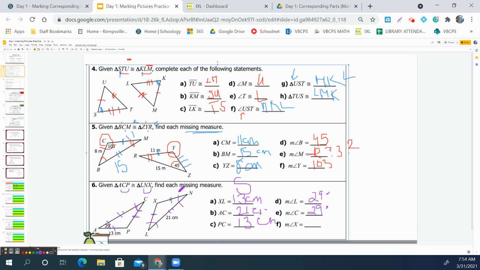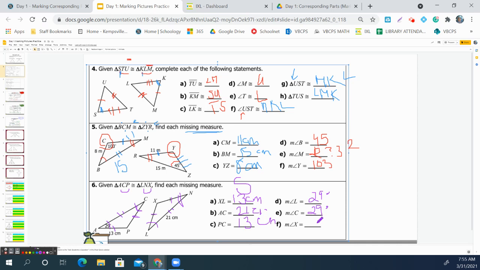Because it's what kind of triangle? Obtuse, for sure. So that obtuse angle is going to be different. It's also isosceles, right? So if these two sides are the same, then the base angles are the same. The angles that don't create that obtuse angle are going to be congruent.